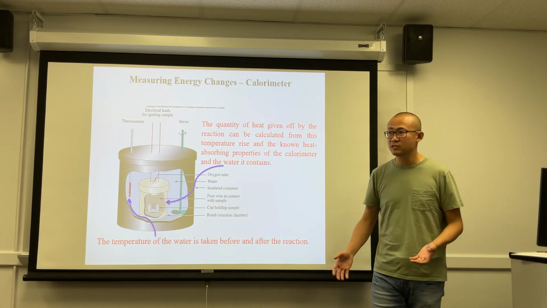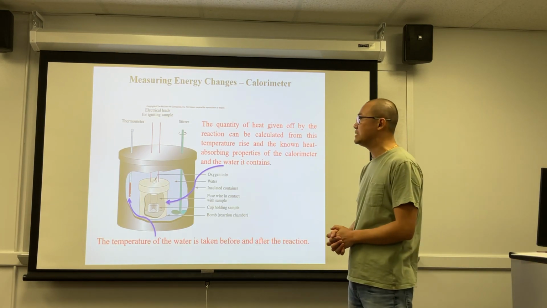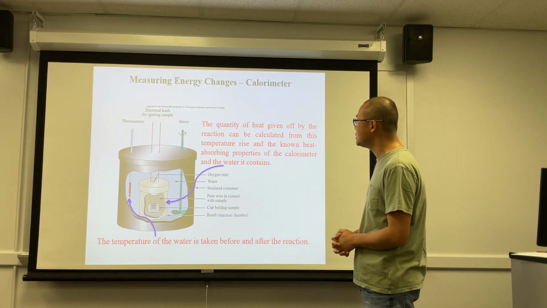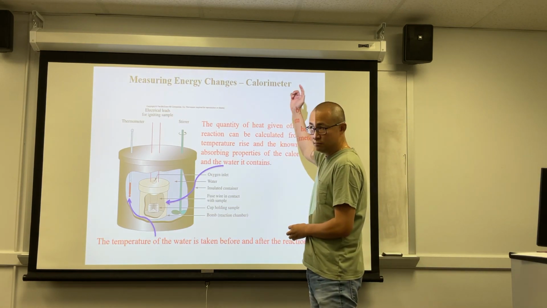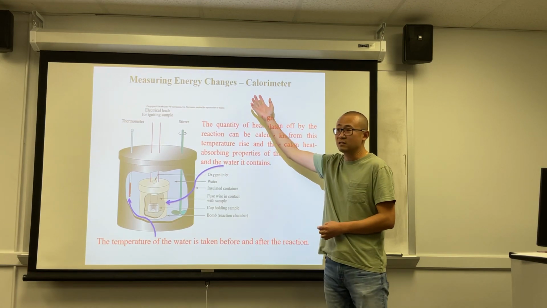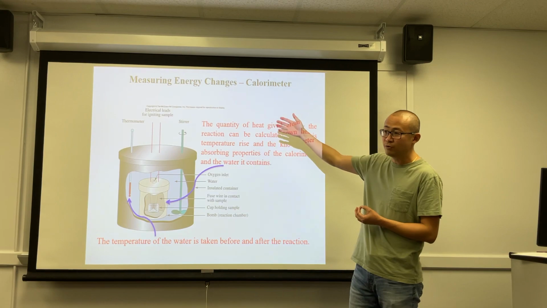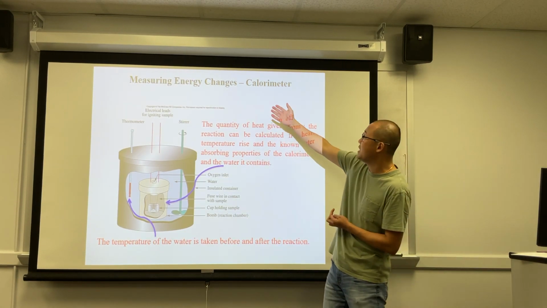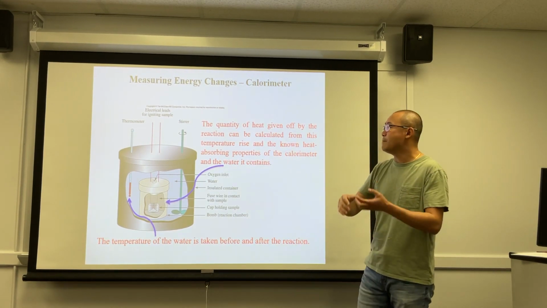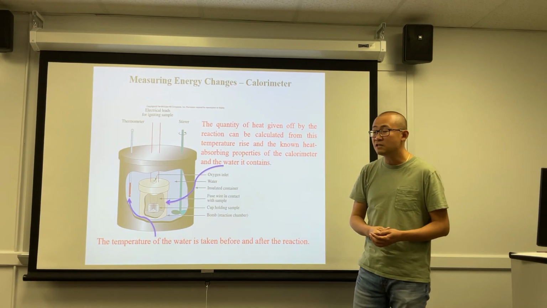In an experiment, we can quantify the amount of heat in a certain reaction, and that device is called a calorimeter, derived from calorie, which is one of the units for energy. A calorimeter is a device that can measure the heat from a reaction.